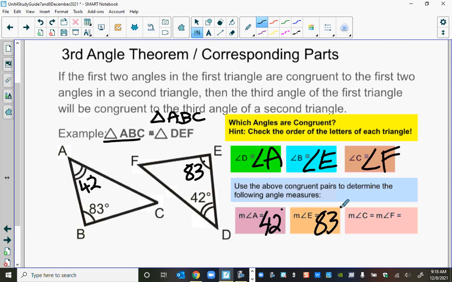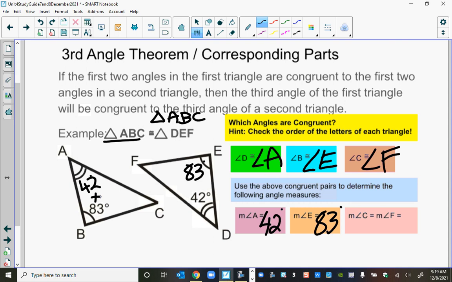The last one, you're going to have to do a little math. Did anybody get that last one? 55. Shall we say 55? Anybody else agree or disagree with the 55? Okay, again, why is it 55? What do we have to do with those other 2 angles? You can use your calculator.